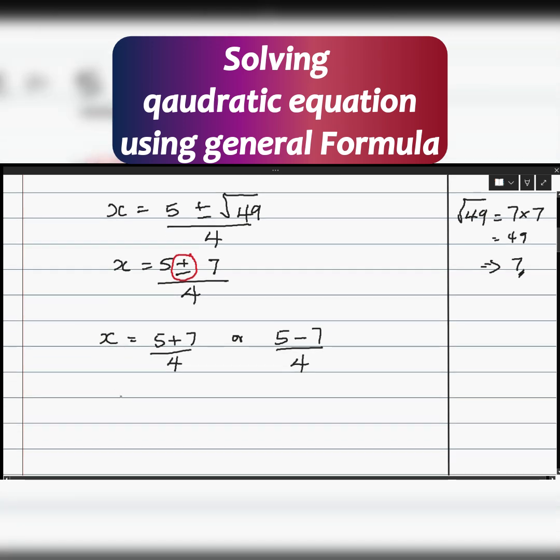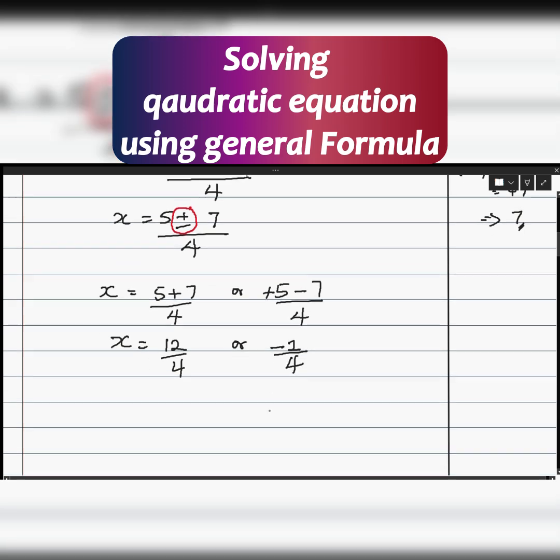Then we have x equals 5 plus 7, which gives me 12 over 4. Or 5 minus 7 is minus 2, over 4.